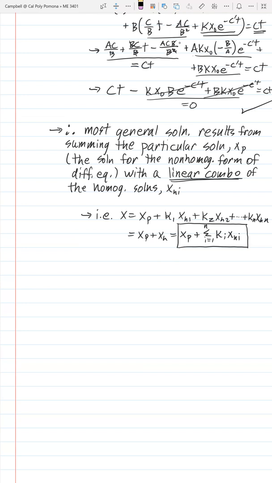So clearly the particular solution is going to mirror the forcing function, but we also came to realize that the particular solution doesn't really capture the nature of what's going on with the system, because when we were selecting the general form for the particular solution, we didn't even consider the order of the differential equation. We were just looking at the forcing function. We didn't even pay attention to the left-hand side of the equation, just the right-hand side.